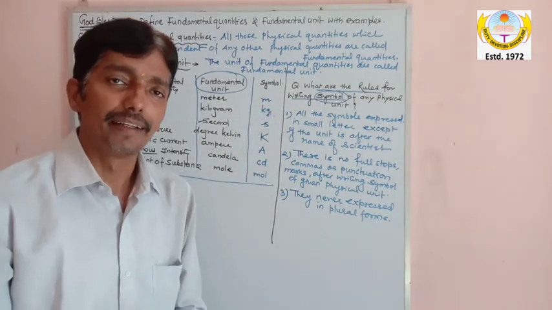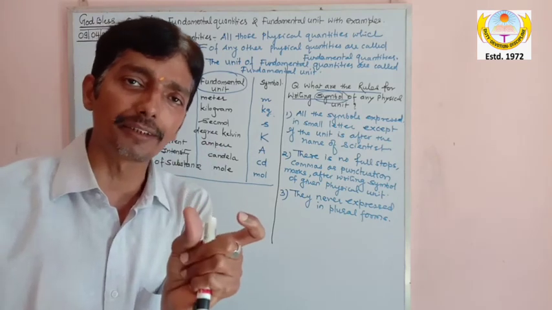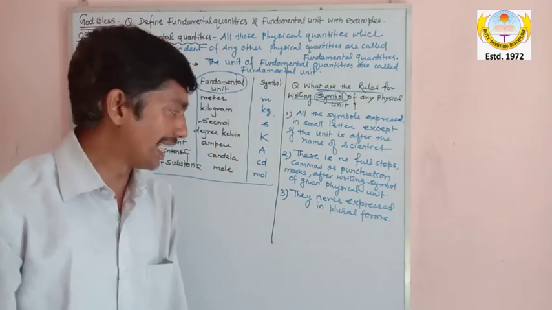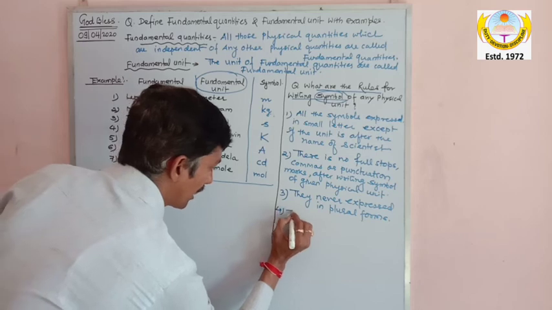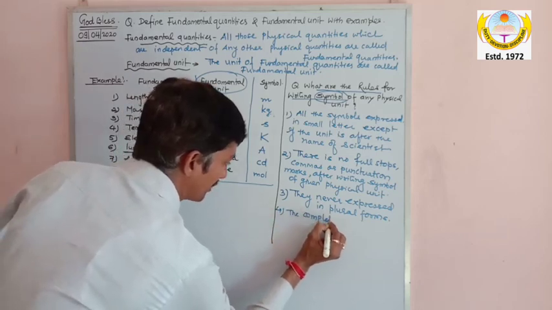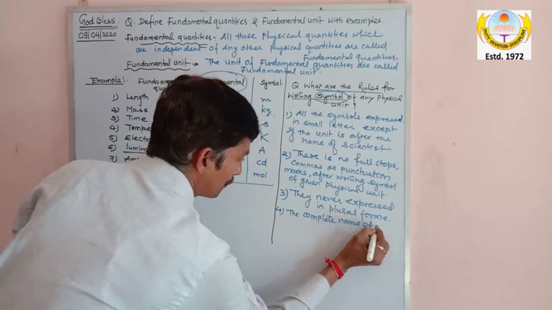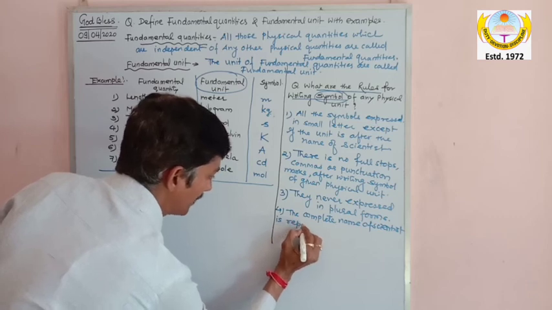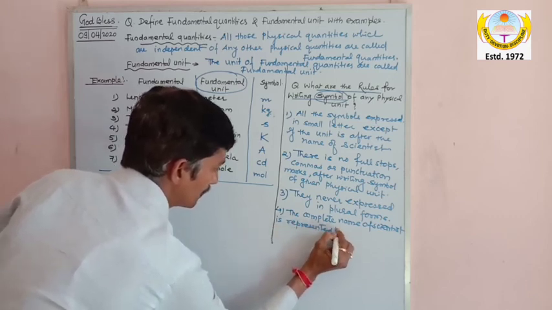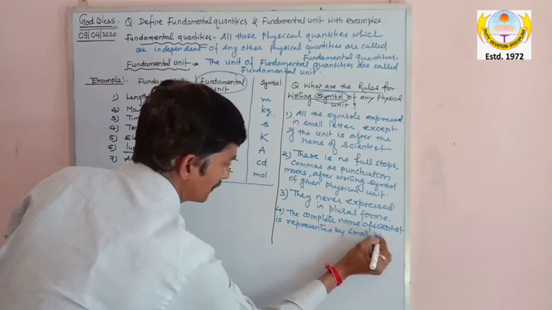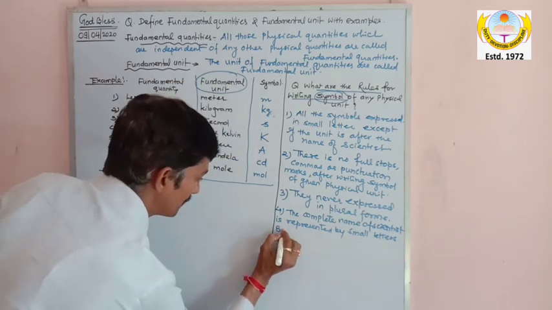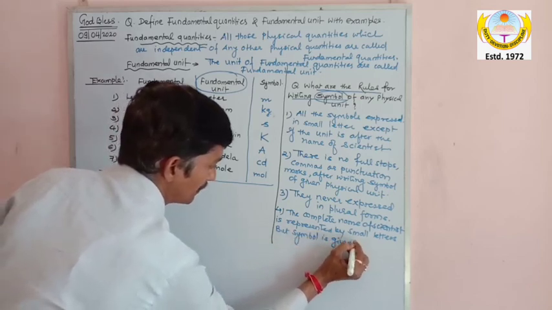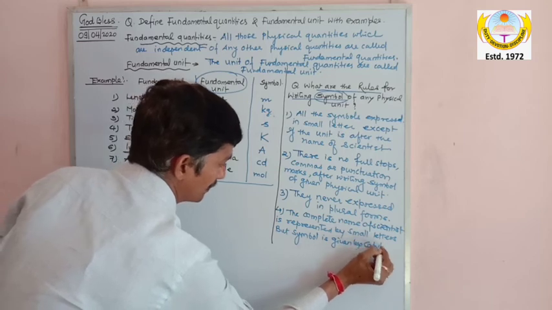Please take care of them. If it is the complete name of a scientist, we write the entire name in small letters. Fourth, the complete name of the scientist is represented by small letters, but the symbol is given by a capital letter.